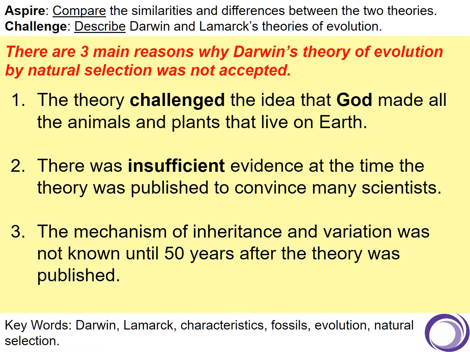So the actual movement of characteristics via genes and via cell division, the knowledge of that process didn't catch up till 50 years later. So the theory challenged God's idea that all things were created by God, insufficient evidence at the time, and the mechanism of inheritance wasn't understood.